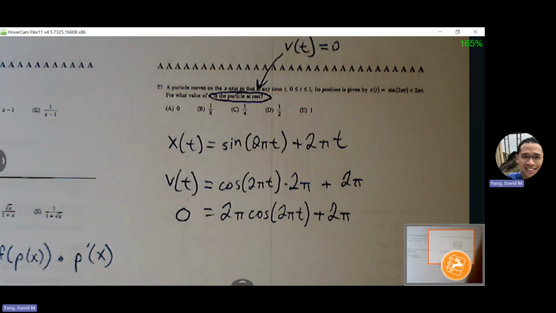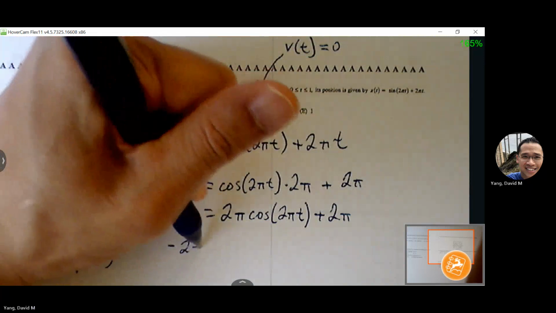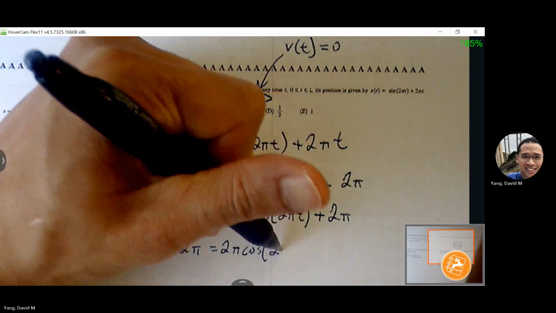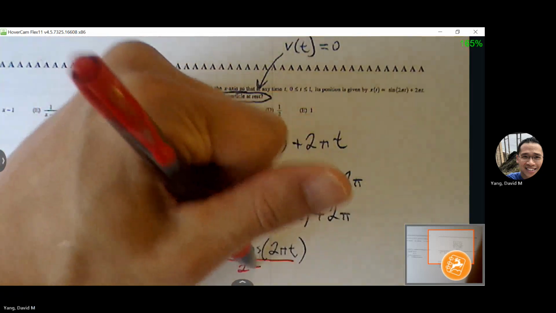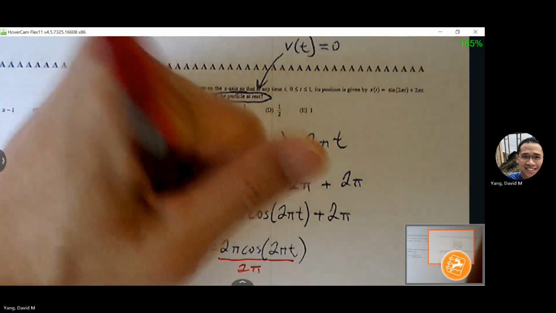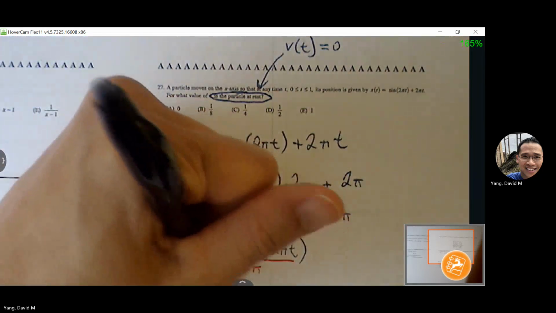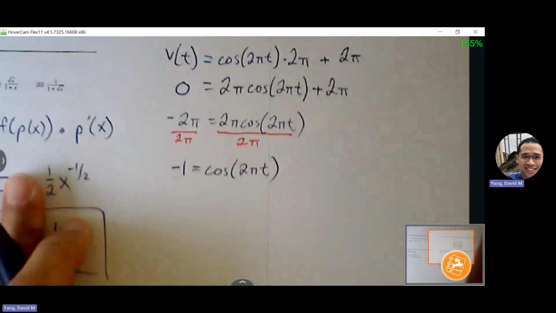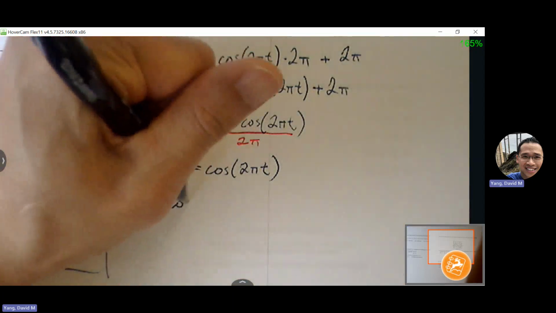If I subtract 2 pi from both sides and divide both sides by 2 pi, cosine of 2 pi t equals -1.